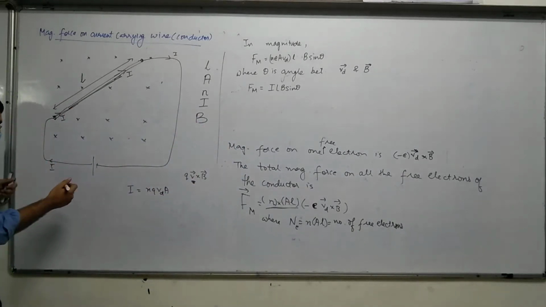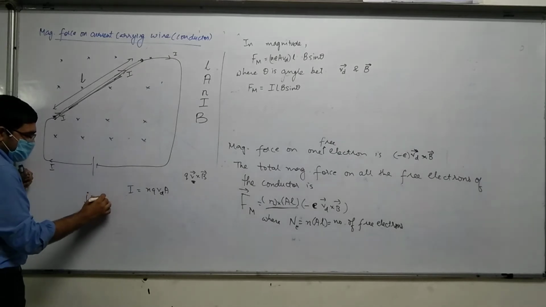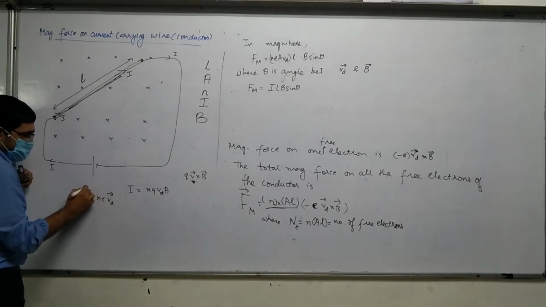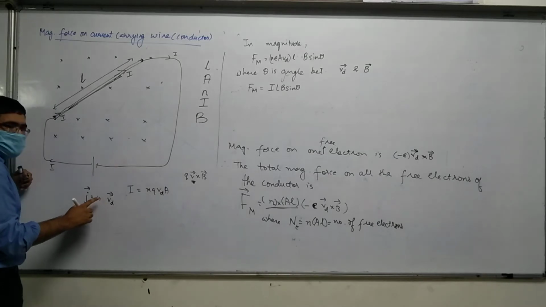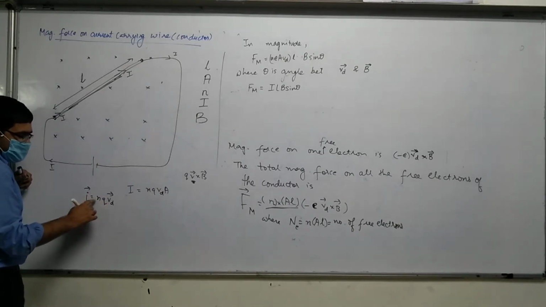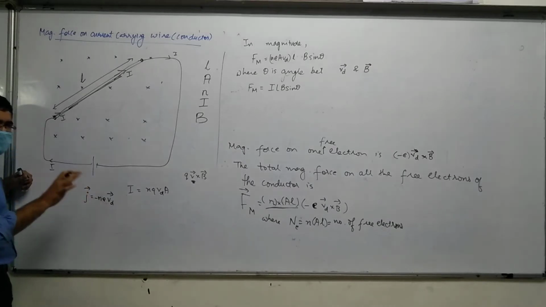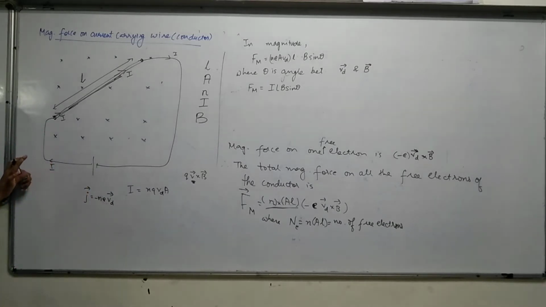I hope you realize what I am saying. I have said J is equal to n e v_d in vector form. If the charge is positive then you have J equal to n q v, but if the charge of the electron is negative then we get minus n e v. There is no difference between the two. Do not get confused.